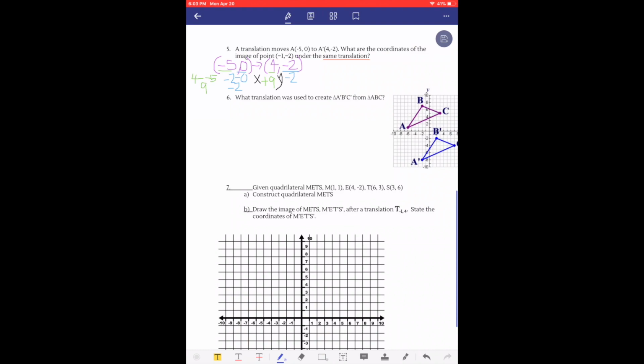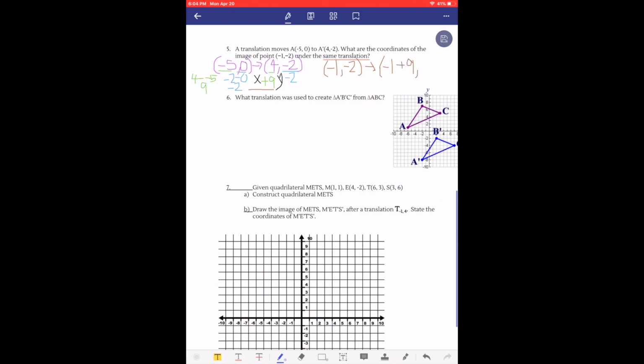That helps. So the new coordinate they gave me was -1, -2. And I know for the -1, I need to add 9. So -1 plus 9.